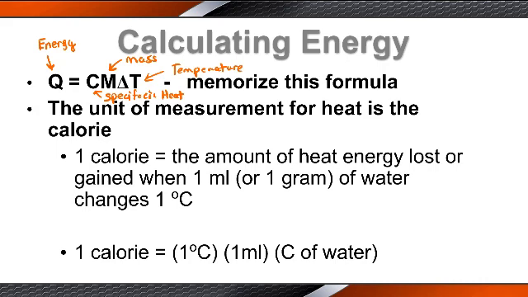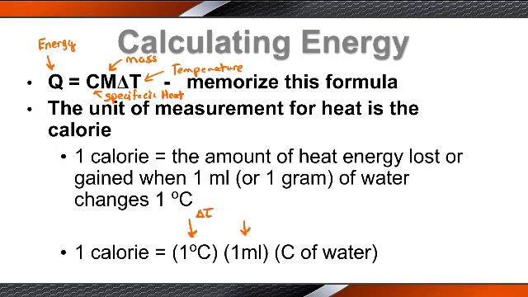And when we're looking at our units of measurement, that Q, what is that Q going to represent? The calories of energy. So we have the calorie. 1 calorie is defined as the amount of heat energy lost or gained when 1 milliliter or 1 gram of water changes by 1 Celsius degree. So here, that is our change in temperature.